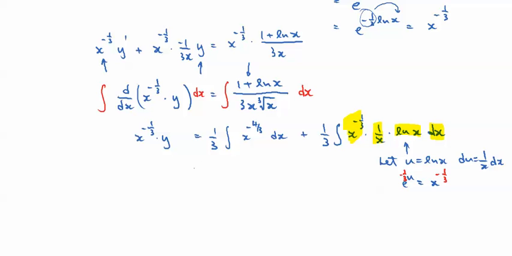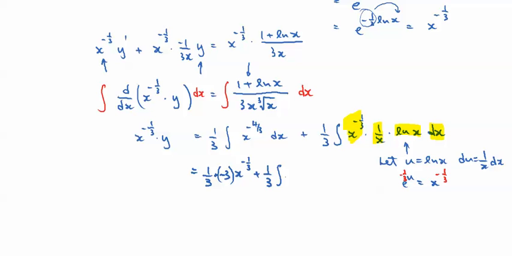And that means on the right hand side, first of all, we know how to integrate the first part here. We add 1 to the exponent and then divide by negative 1/3, which means times by negative 3, plus here 1/3 at the front.